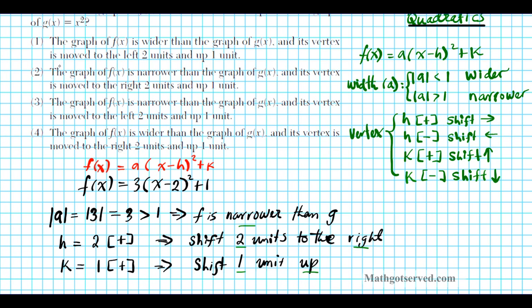Let's look at option 1. Option 1, wider. No, this is not the correct one. Option 2, narrower. Check. Vertex move 2 units right. Check. 1 unit up. Check. Excellent. Our answer is option number 2. Okay? So that's that.